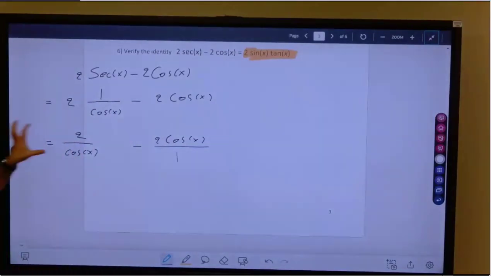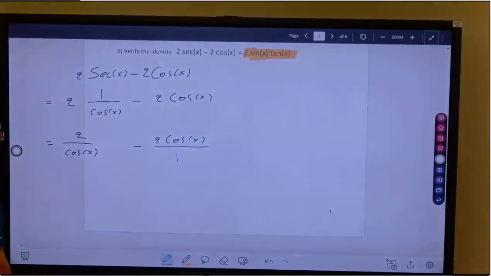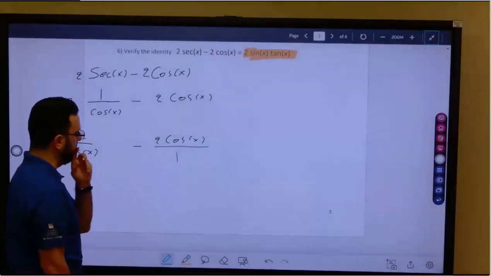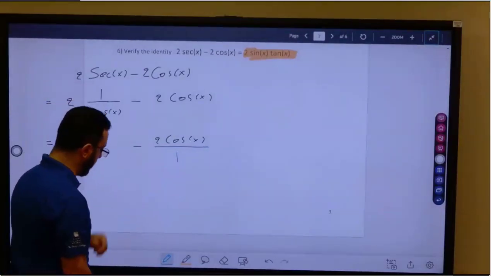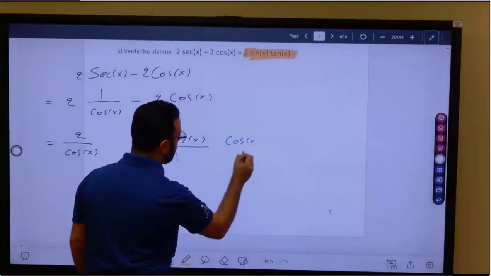And I have a fraction minus a fraction, so I need to find the common denominator. I have cosine here, but there's no cosine here. The only way to get the same denominator is to multiply here by cosine x.